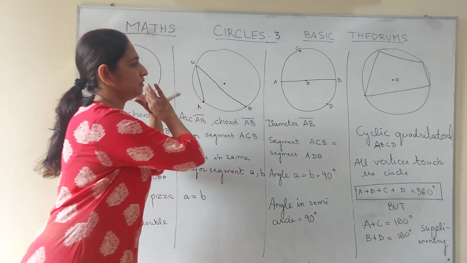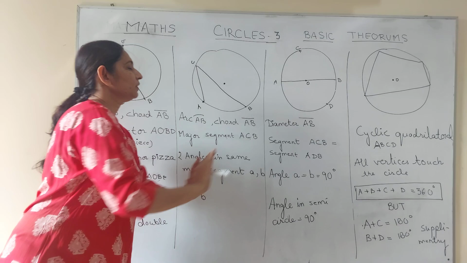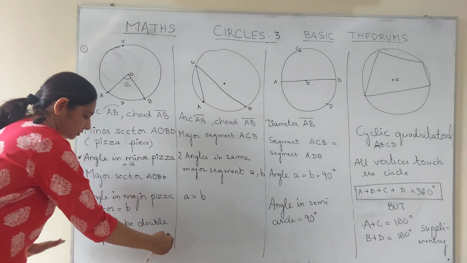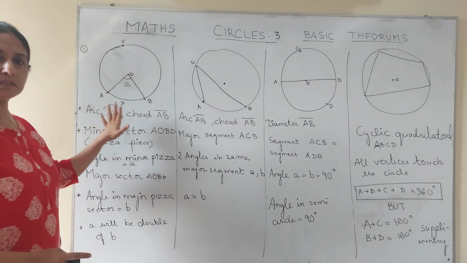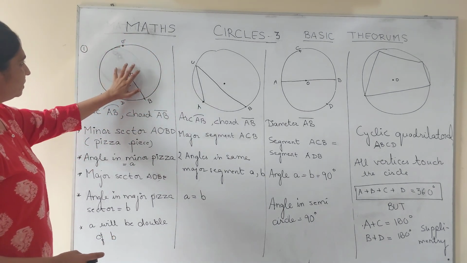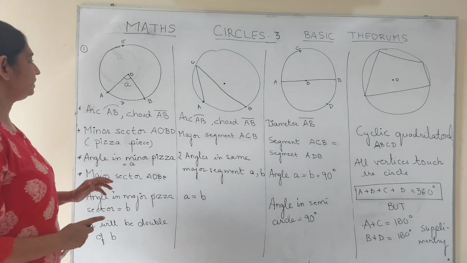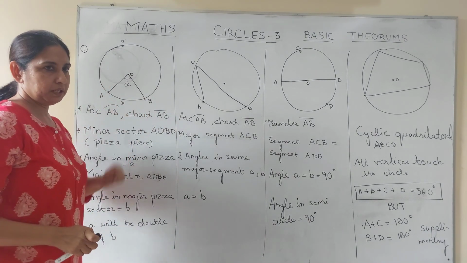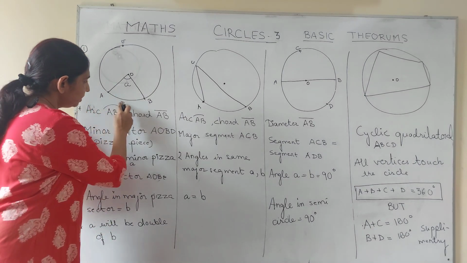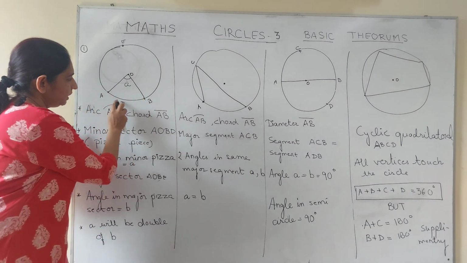Okay, again, like always, just forget everything. We'll just focus on this small portion. A circle, center O, and two points on the circle, A and B. I can call this an arc AB.